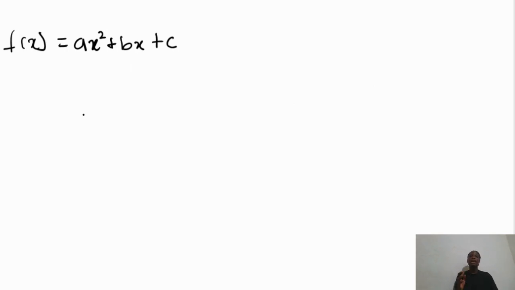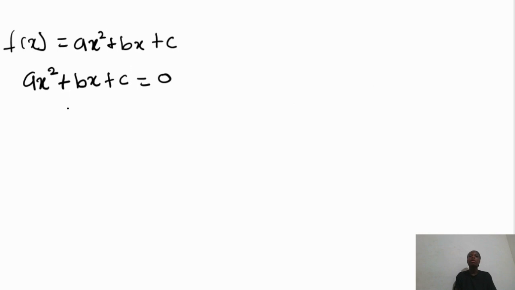We are going to equate this function to 0 so that we will get a quadratic equation. So we end up getting ax squared plus bx plus c is equal to 0.